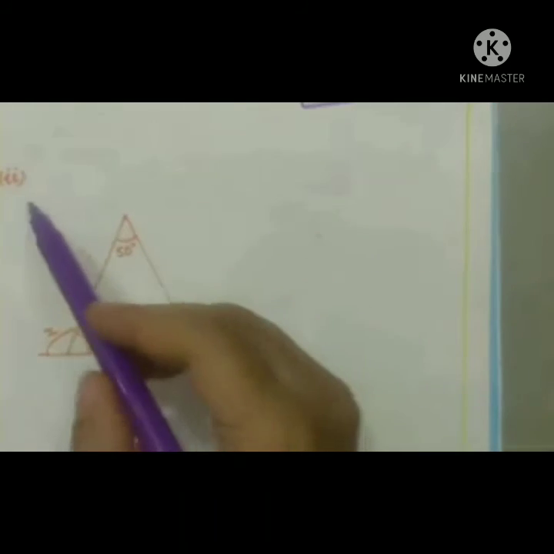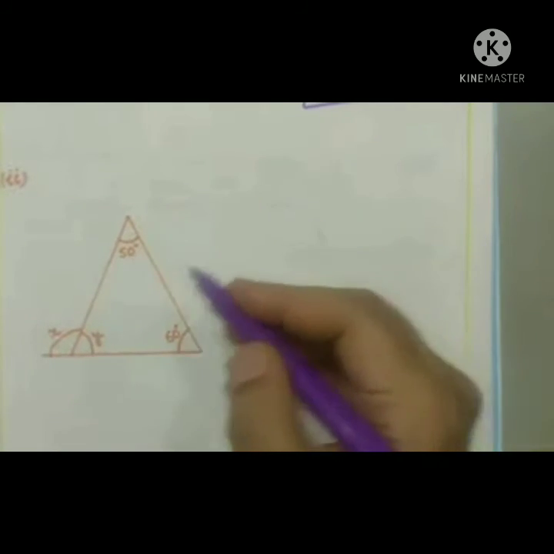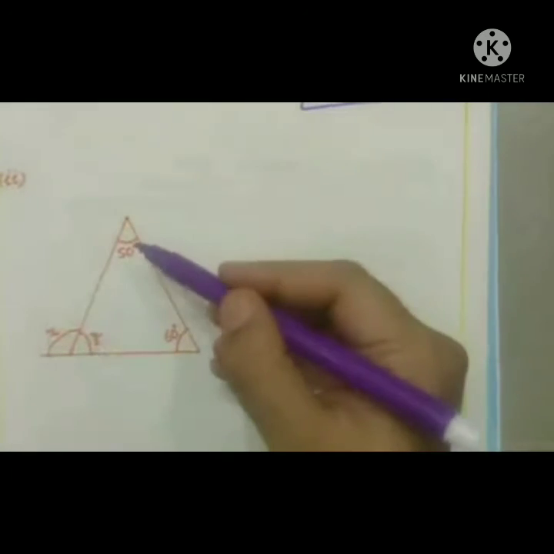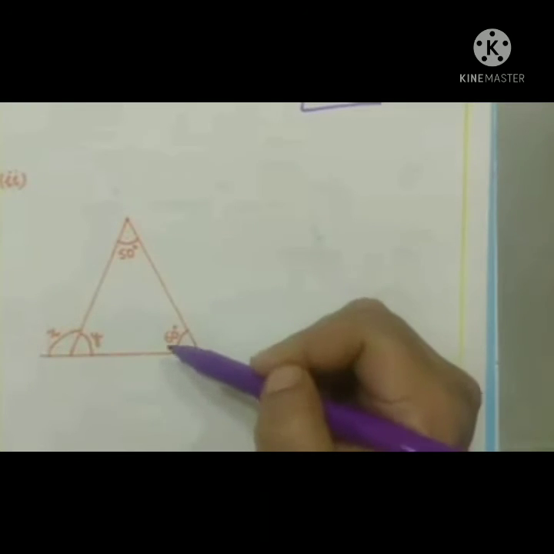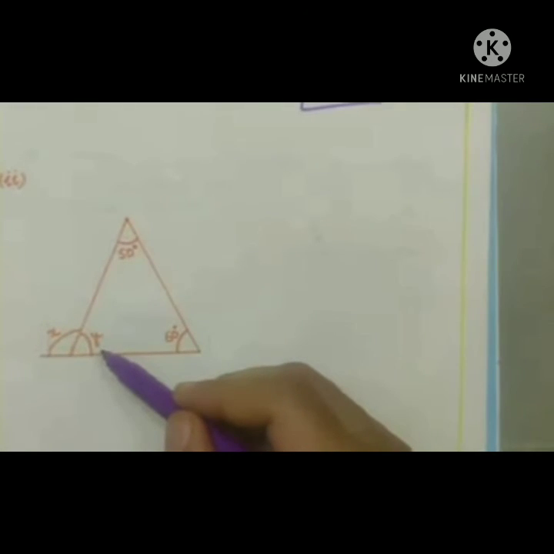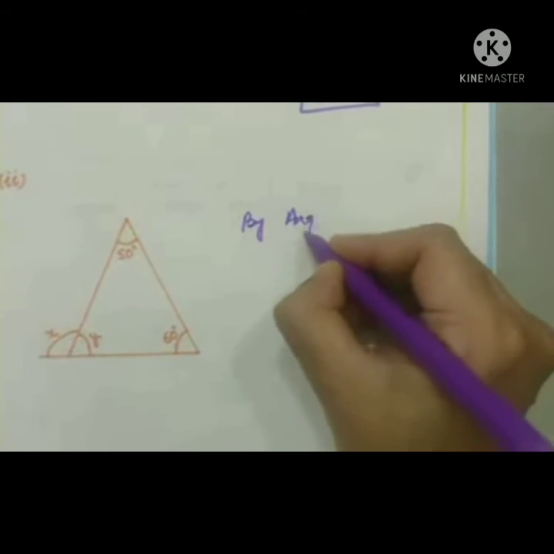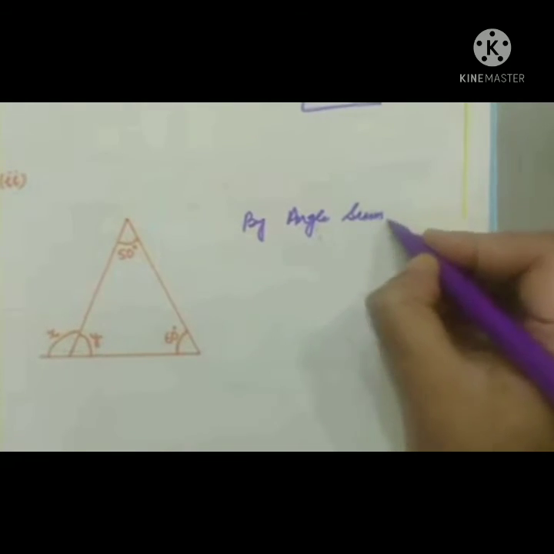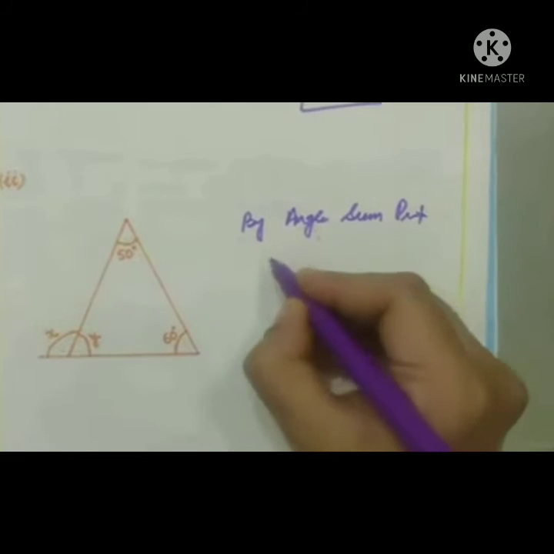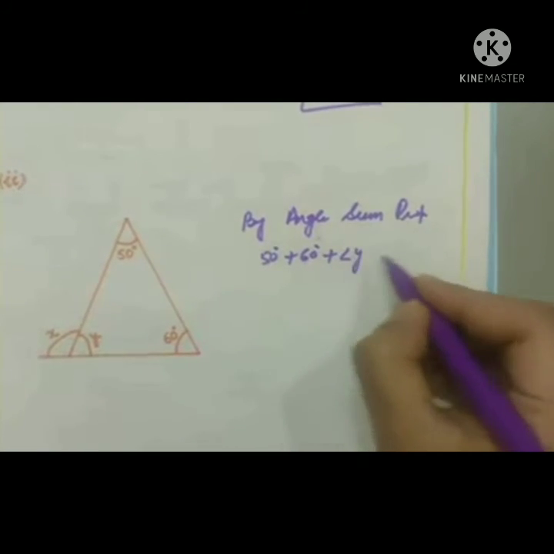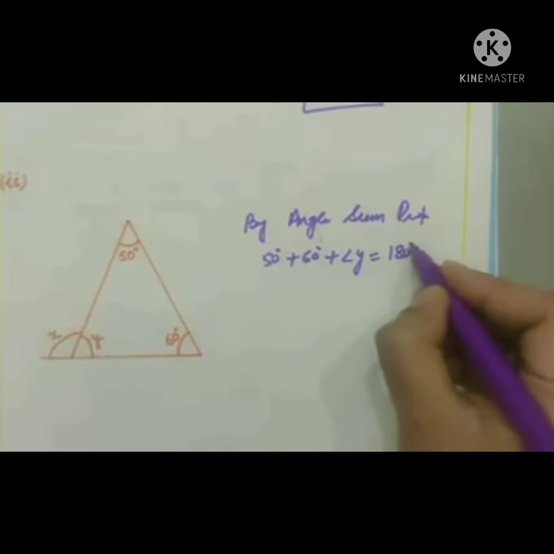Next, come to question number 2, second part. Here again we have to find the value of x and y. So in the triangle, two angles are given. So we can find the third angle by the angle sum property. So again we will write, by angle sum property, 50 degrees plus 60 degrees plus angle y is equal to 180 degrees.